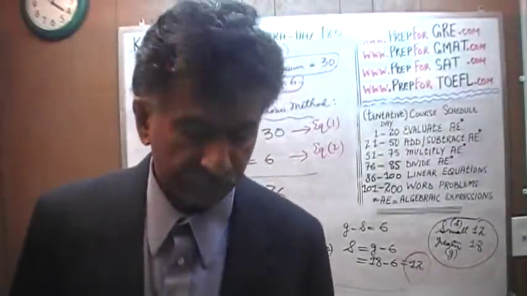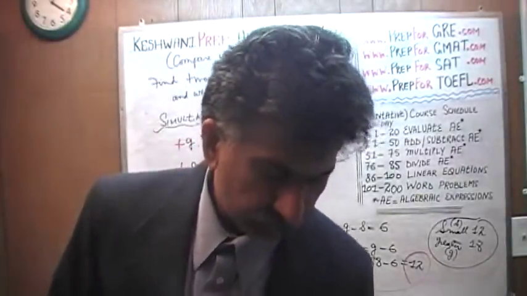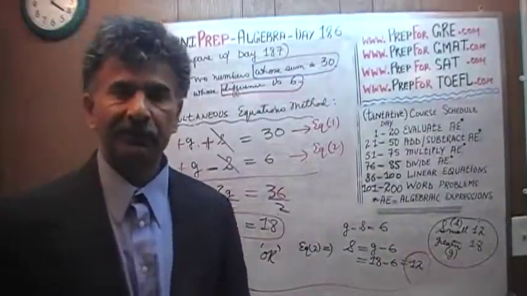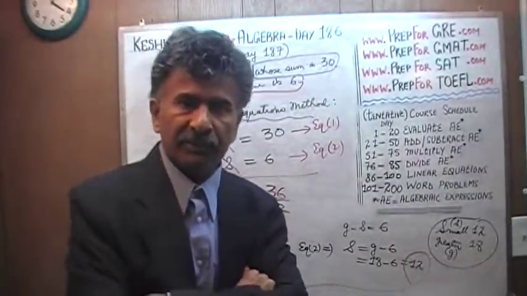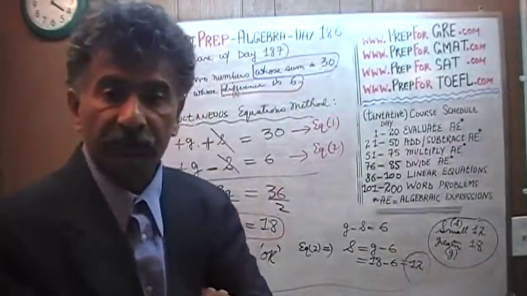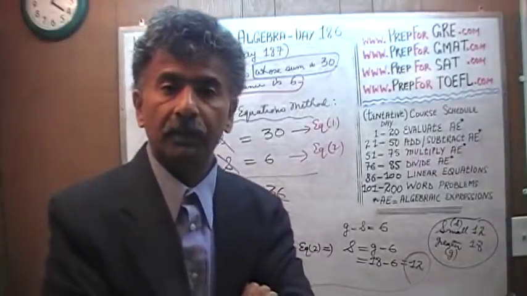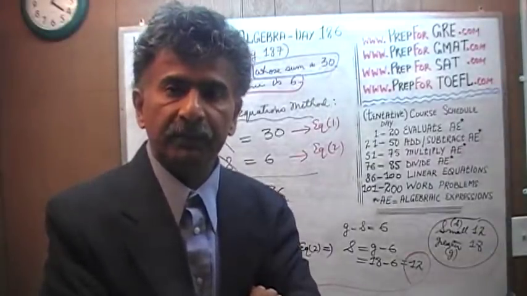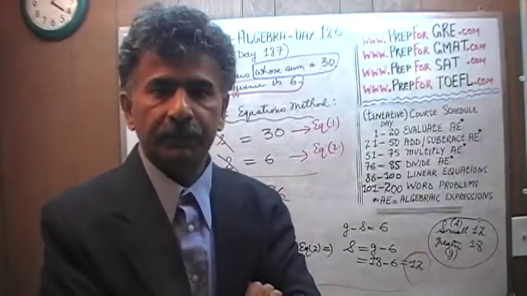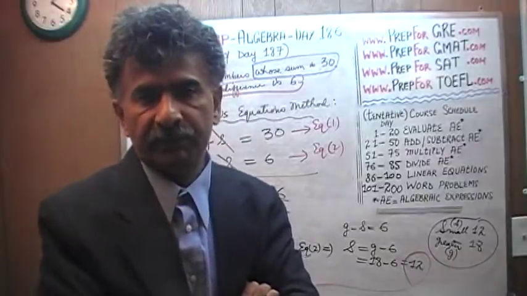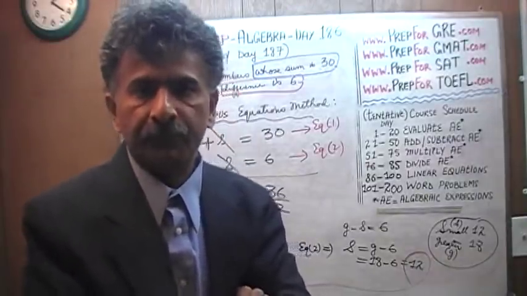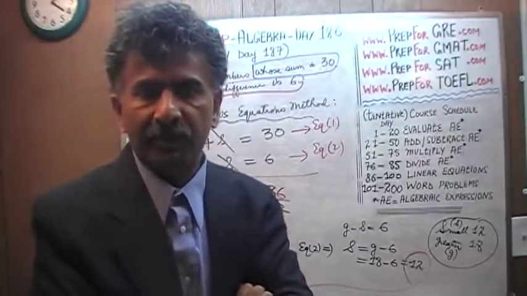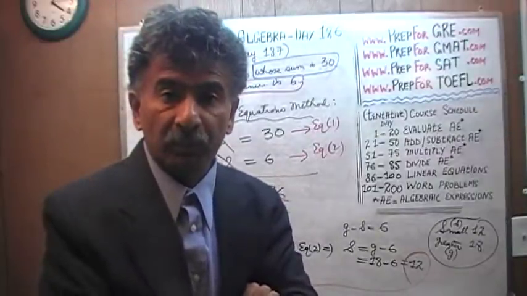So we could solve this question two different ways: either using the simultaneous equation method that we just did, or the first method, where we define one variable in terms of the other, and therefore have the entire problem in terms of one variable. In our previous method, we defined the greater number in terms of the smaller number.